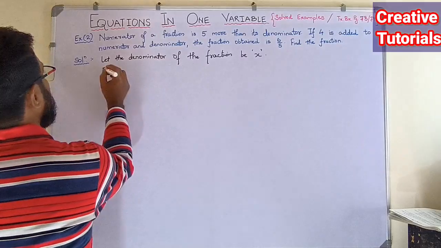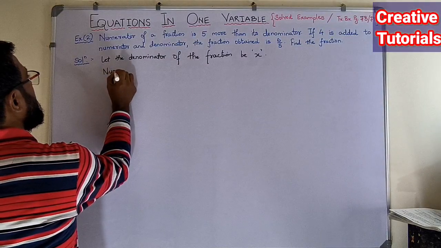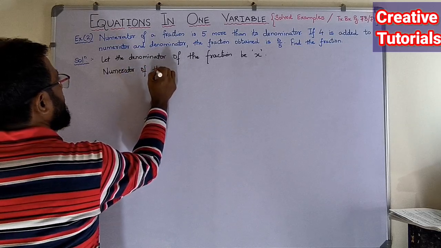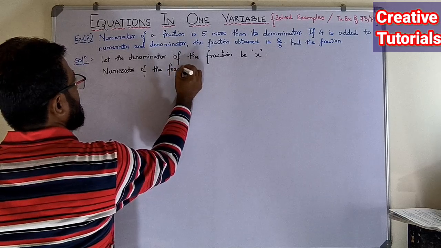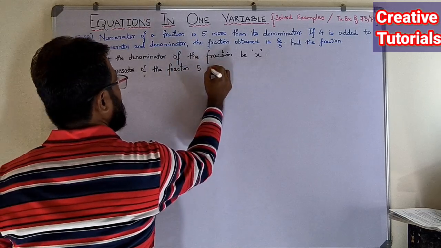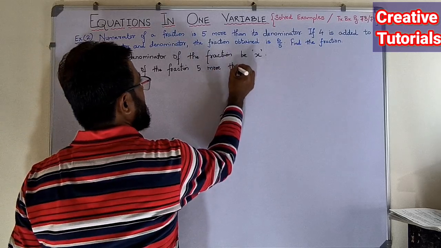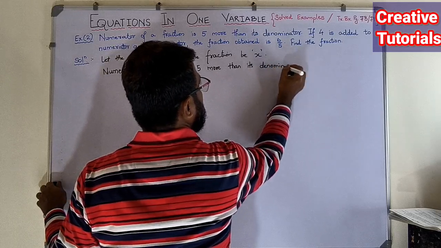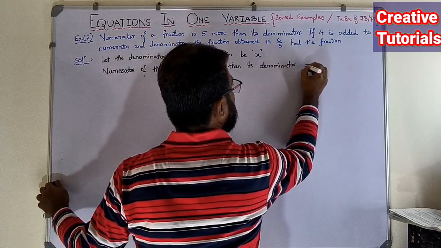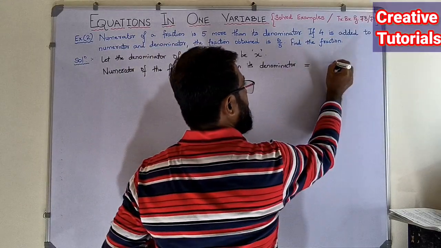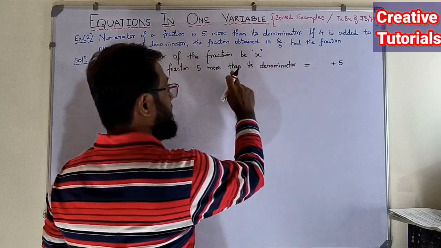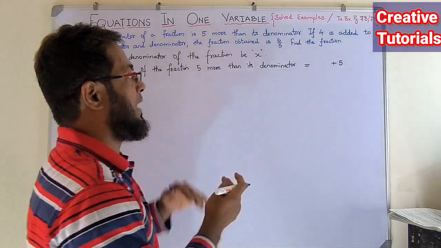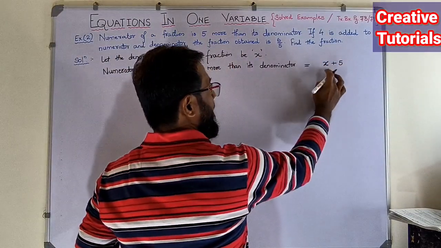So now we will write: numerator of the fraction is 5 more than its denominator, which is equal to what? 5 more means plus 5. In this case we have assumed the denominator to be x, so it will come x plus 5.